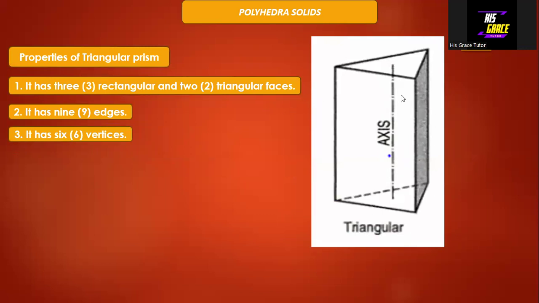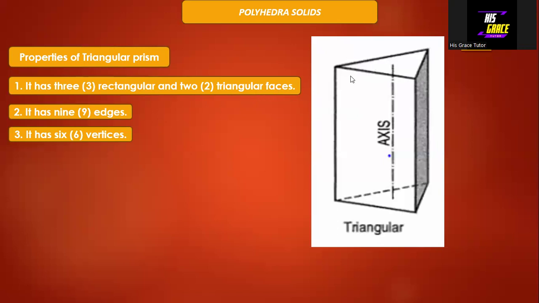As we talk about this one, this particular prism is a triangular prism. Why? Because the shape of the cross-sectional end is in form of a triangle. So we call it triangular prism. And as we have here among the properties, it has 3 rectangular and 2 triangular faces.